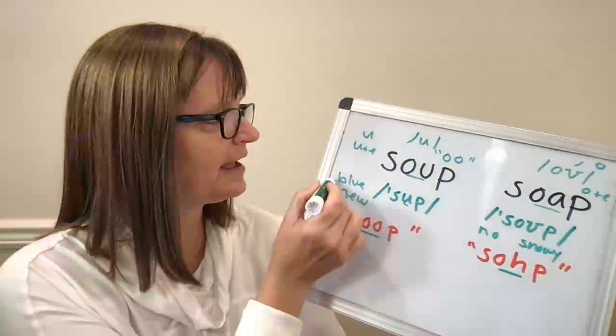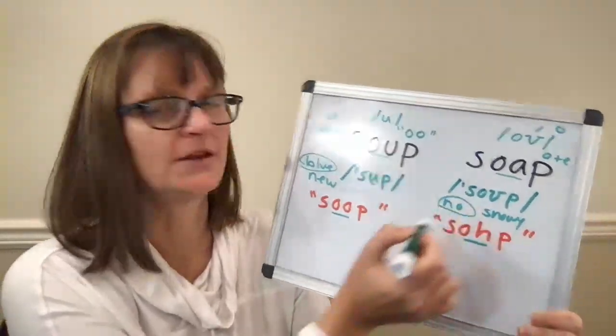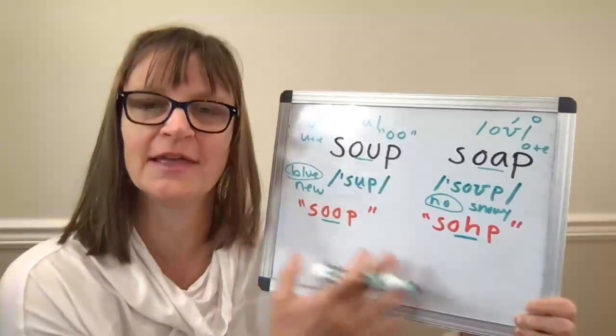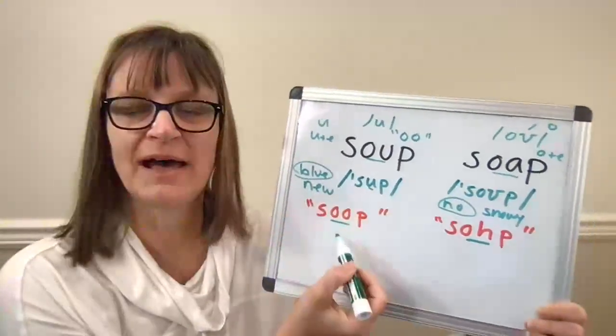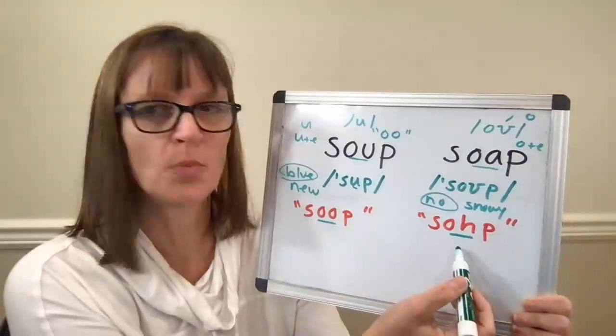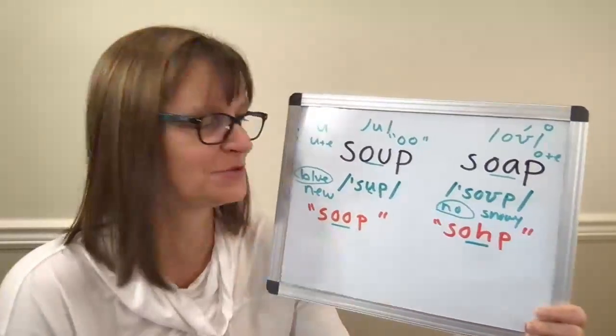Also, I'm not going to have any trouble if I'm trying to compare blue and no, probably. Those vowels will be more natural for me to say correctly. So what you want to do is match your soup with blue or with new, match your soap with no or snowy, any anchor word to help you make the difference between those two vowels.